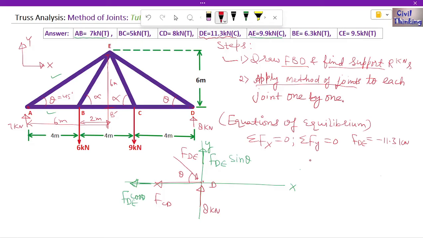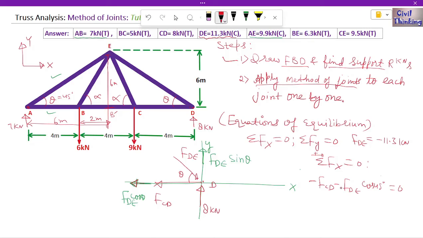Now let us apply this equation at the joint. Summation of forces in the x direction is 0. Let us see the forces in the x direction. This FCD is in the horizontal direction, but it is towards left, so this is negative FCD. Now this FDE cosine of theta is also towards left, so this is also negative. Do we have another force in x direction? No, so it is 0. Now I know the value of FDE is negative 11.3.